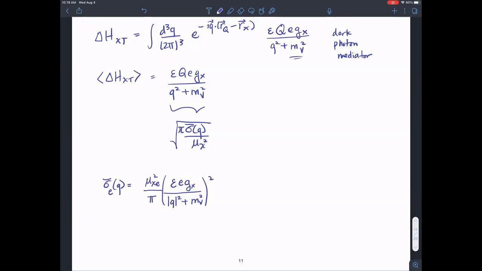All right, so if I have this Coulomb potential, this dark photon potential, then this overall prefactor is basically connected with the cross section, similar to the dark matter electron cross section I gave earlier. And then you're left with some expectation value of basically e to the i q dot r on this target system.